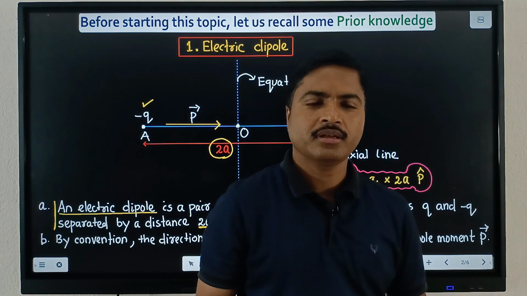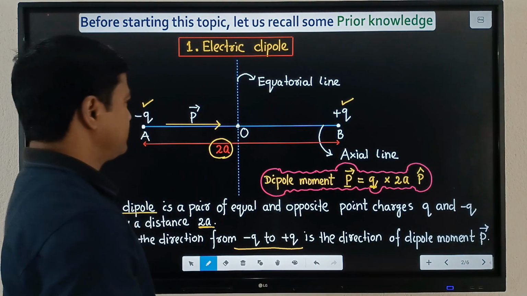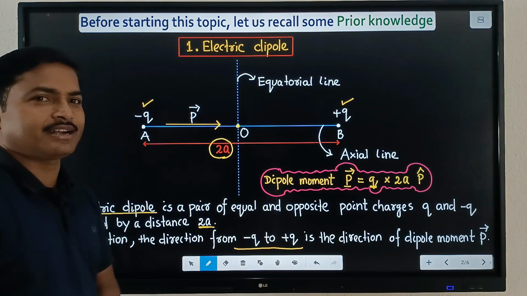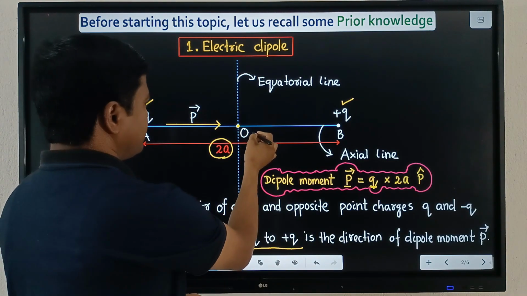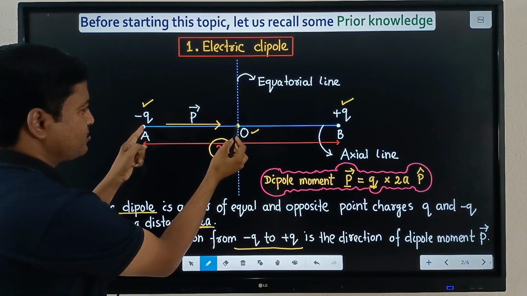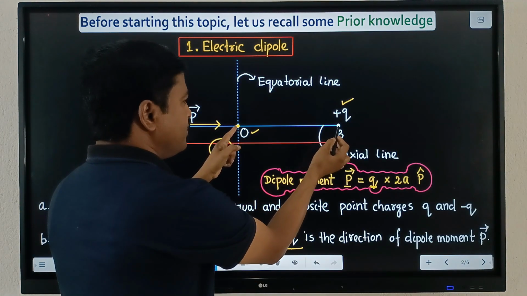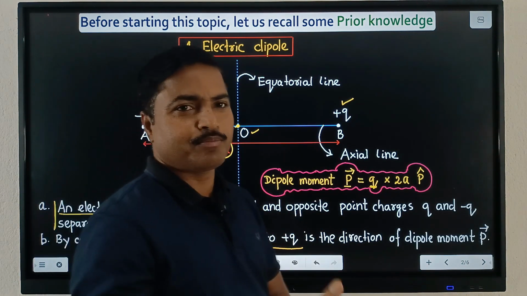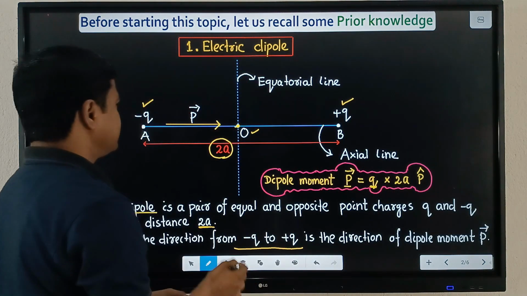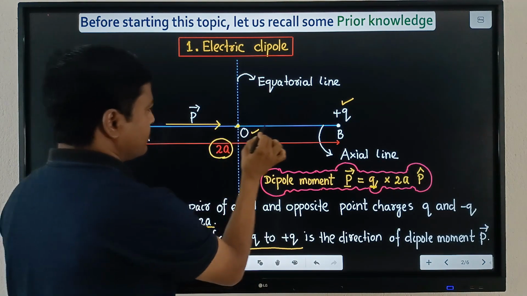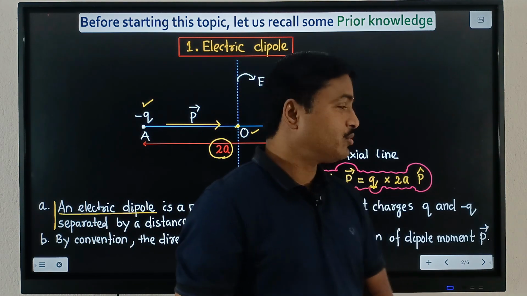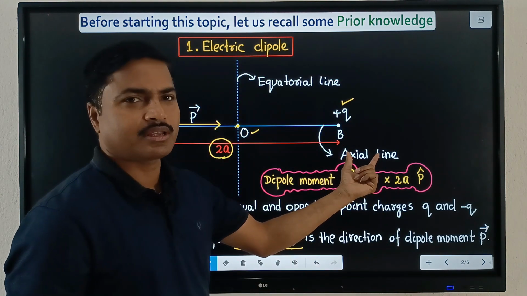Clear? And here this is the center of the electric dipole, for which we write O. From A to O this distance is a, and from O to B that distance is also a, so a plus a is twice a. The line joining the two charges, AB, is known as the axial line.